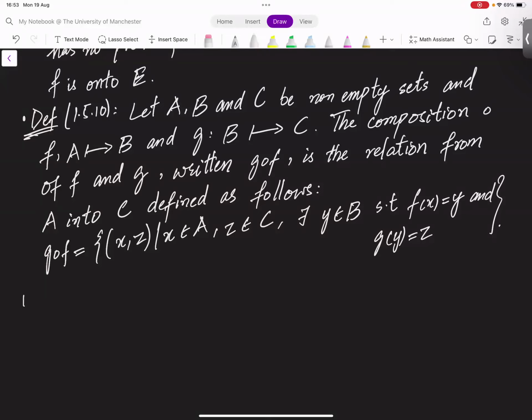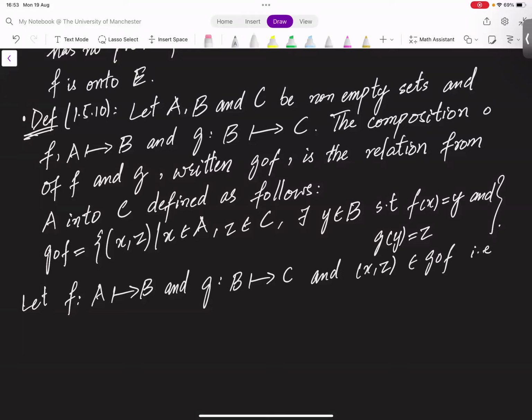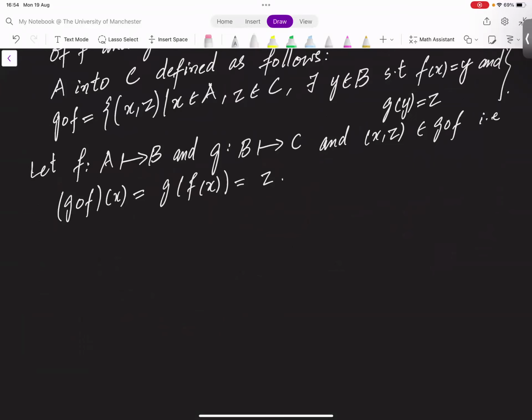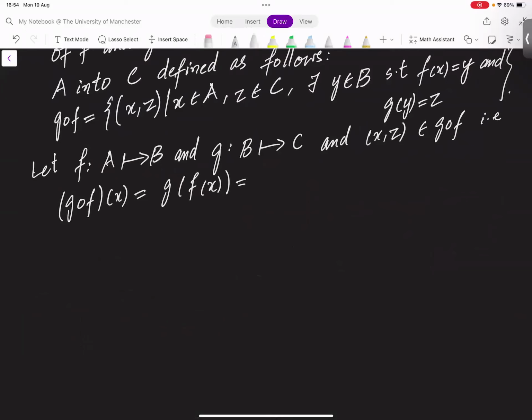If (x, z) is in the composition g of f, i.e. if we apply g of f on this x, we will get g of f of x, which is z, or we can further write g of y, which is z, for y in B.